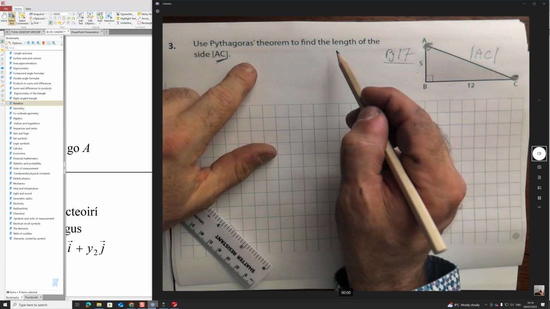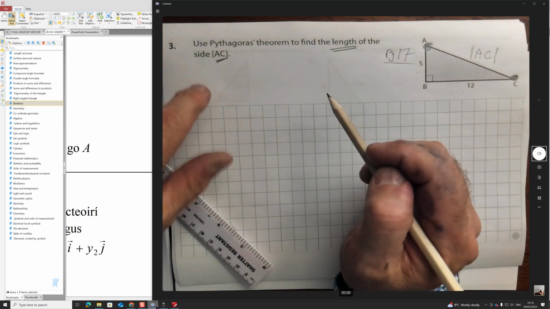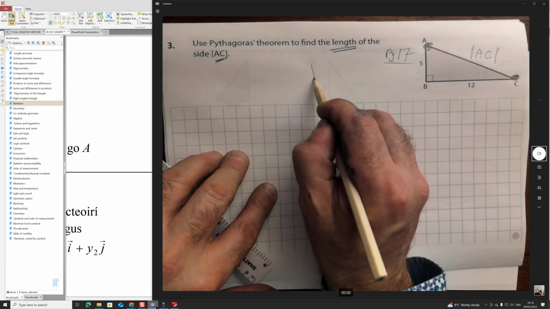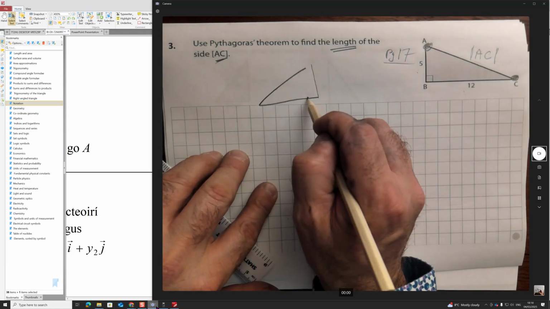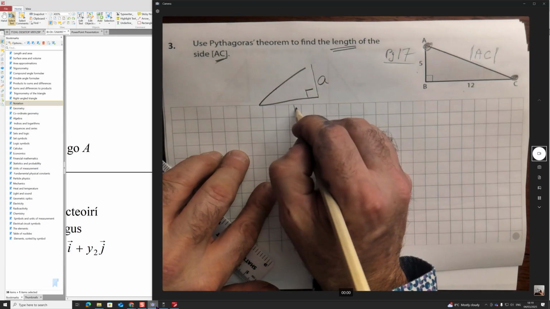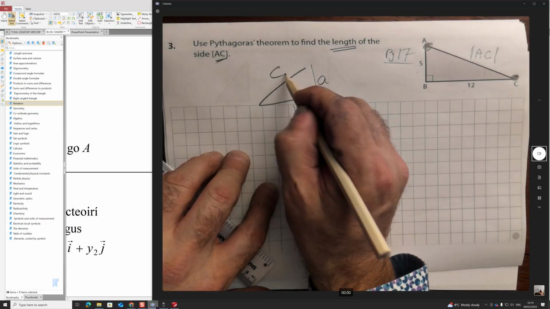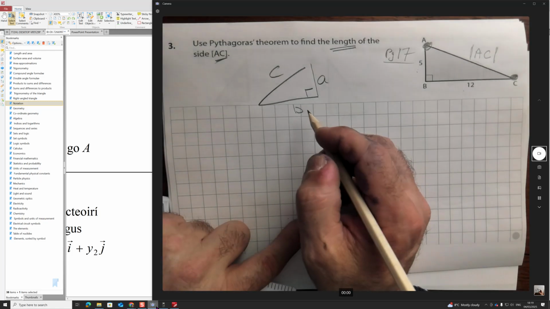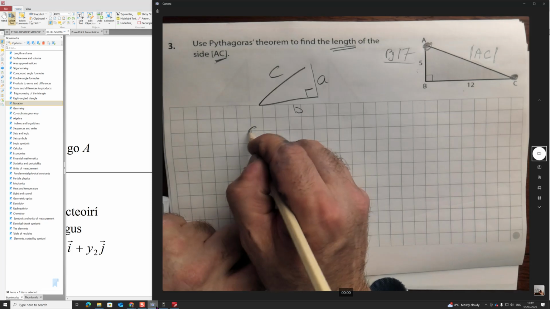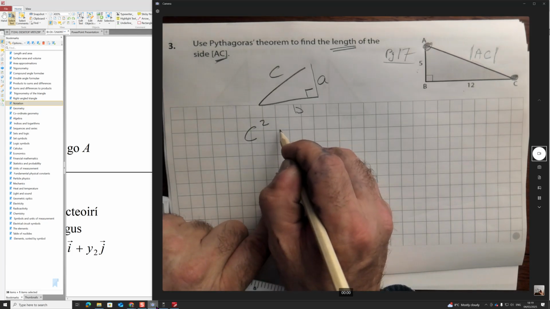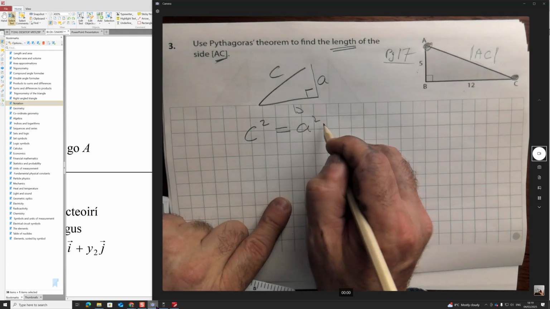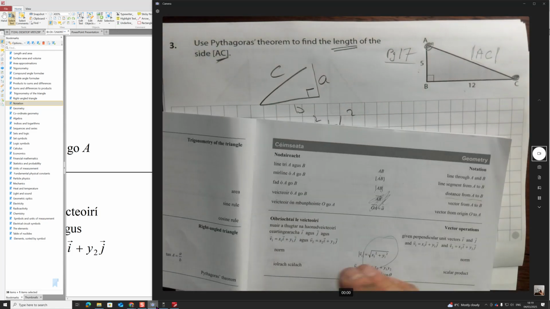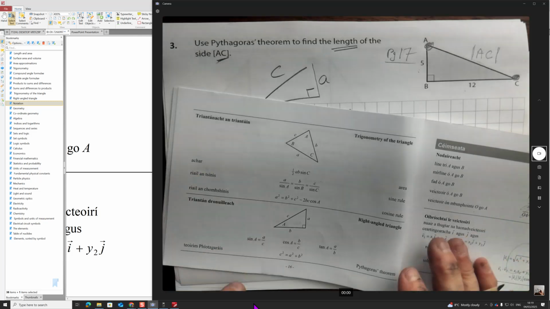So they want us to find a length this time, so we have to use the square root button. But before we do, and because we're learning now, it's very important that we write a diagram so that we guarantee our work of merit marks, no matter what else happens. And we should be writing down the formula in Pythagorean form, in its original form from the tables, on page 16.